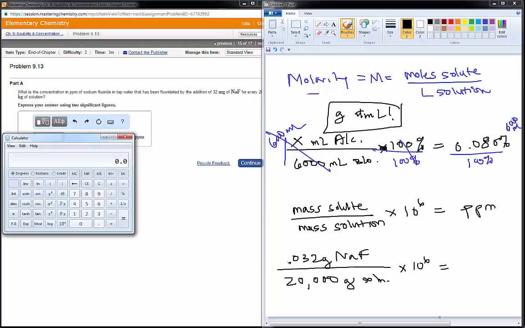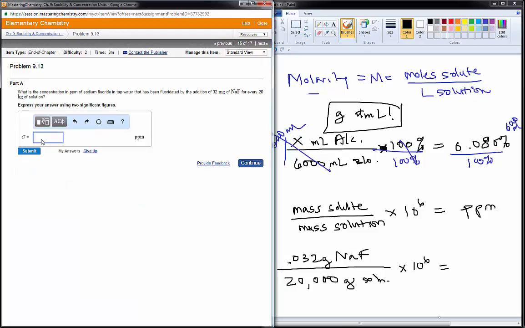So 0.032 divided by 20,000. You can see why we use something like parts per million or parts per billion when you have a very tiny concentration. So 1 times 10 to the 6th, that gets me 1.6 parts per million.